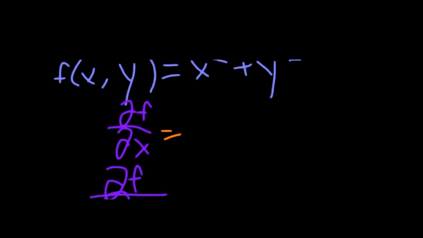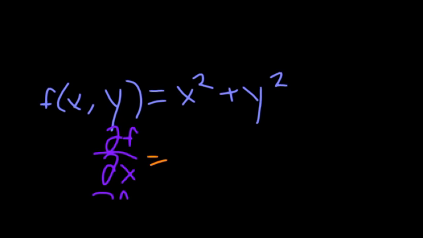So what is the partial derivative of f with respect to x? As I said, whenever you take the partial derivative of something, it's like taking a slice, and the plane that's going to be slicing the graph is going to be parallel to the axis that you're taking the partial derivative with respect to.